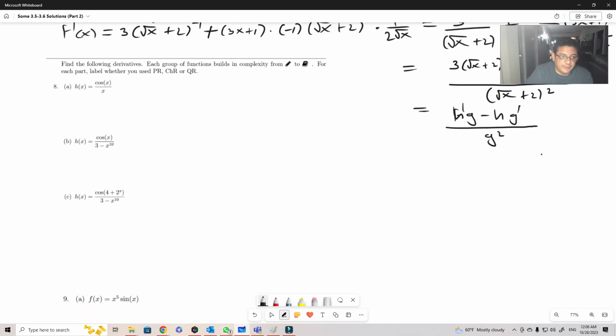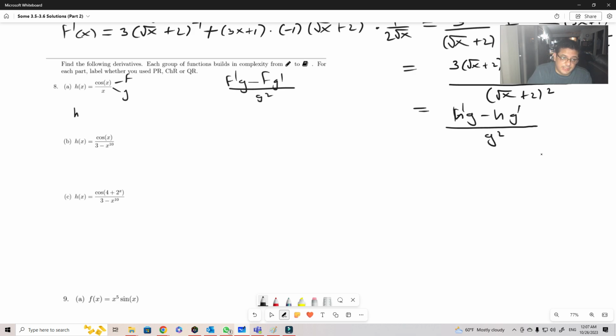Now on the next derivatives, we can build in complexity, and we're going to label this by product rule, chain rule, or quotient rule. So for example, this can be a quotient rule, and if I use quotient rule with f and g, remember it should be f prime times g minus f g prime, everything divided by g squared.